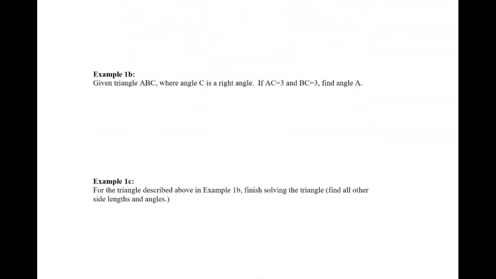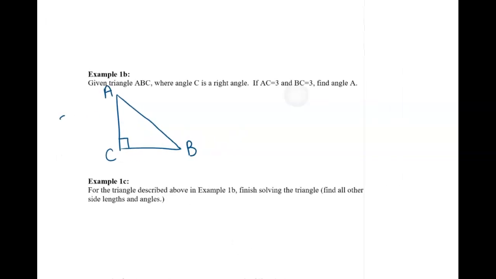Here's another. Triangle ABC, C is the right angle. So there's C, A, and B I'm going to put here again, but it doesn't matter. You could switch them. If AC is 3, oops, sorry guys, just like in class again, right? AC is 3, BC is 3. Again, could you find the hypotenuse?